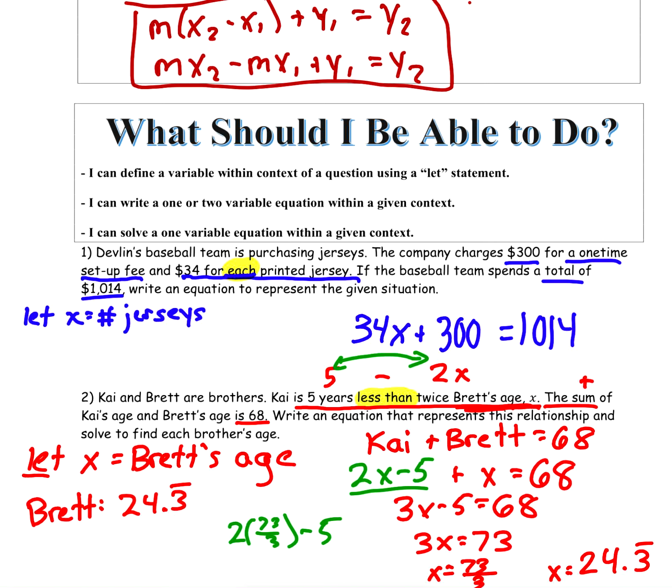That would be 131 over 3, which 131 divided by 3 is 43.6 repeating. So Kai is 43.6 repeating years old. Should probably add that to Brett also, years old.